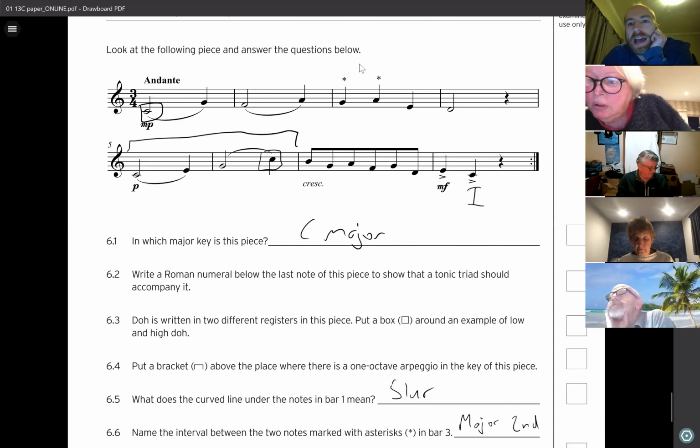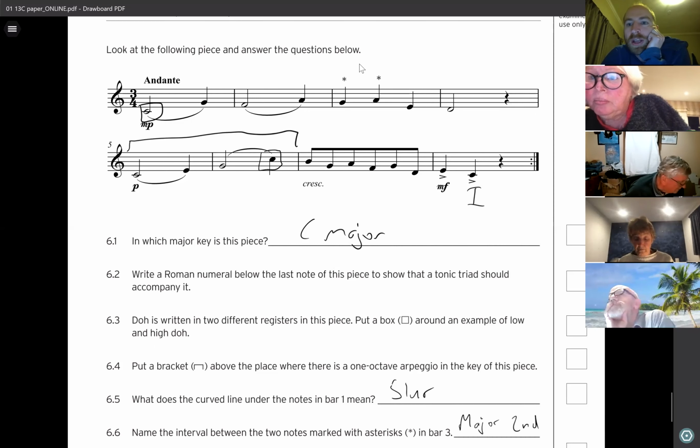So it's a G and an A, right? It has to be a second because a G and an A are right next to each other, and it can either be a minor second, a major second, an augmented second or a diminished second, right? Those are all the types of seconds. But I know it's a major second because it's written in C. Yes, that is a good way of working it out. So it's a major second because it's 2 semitones.